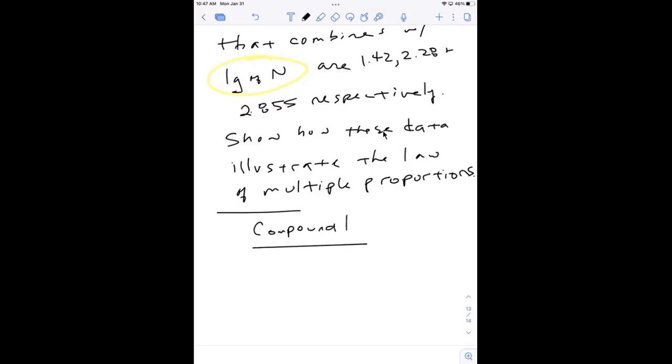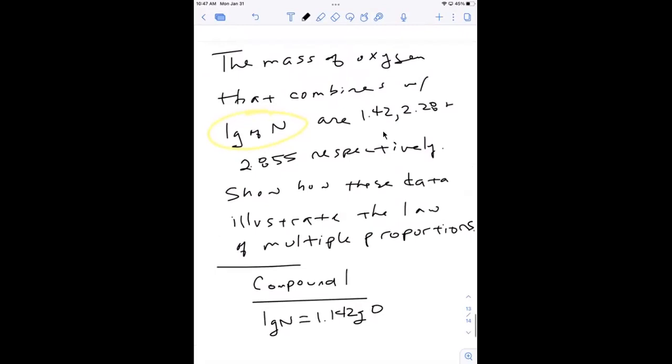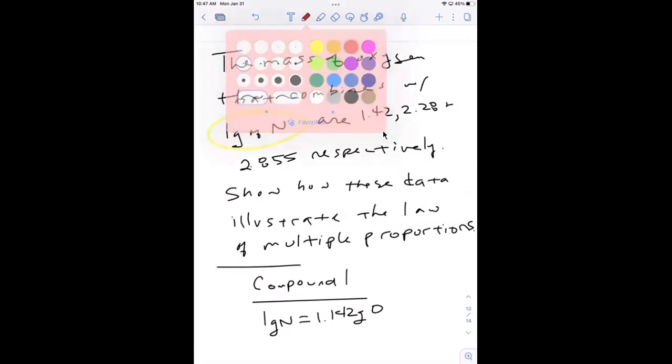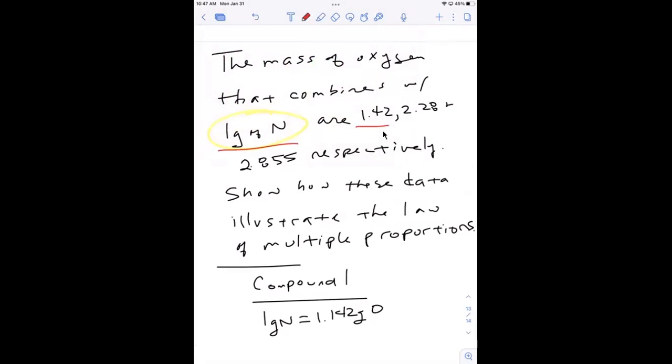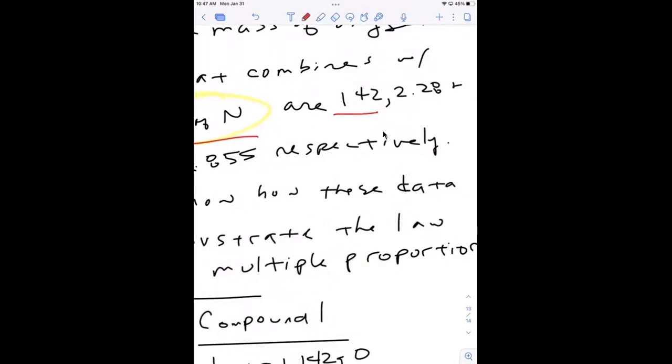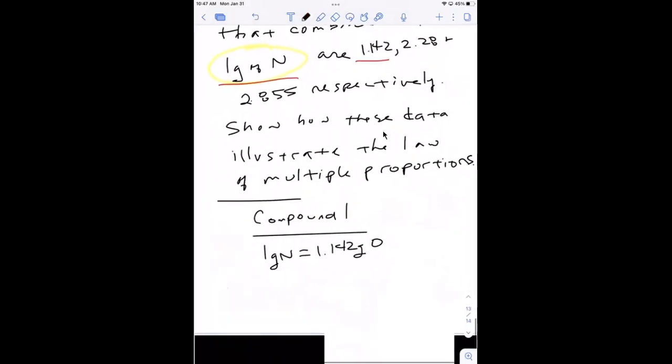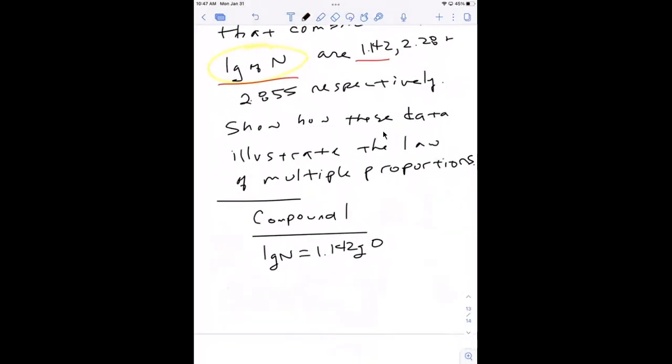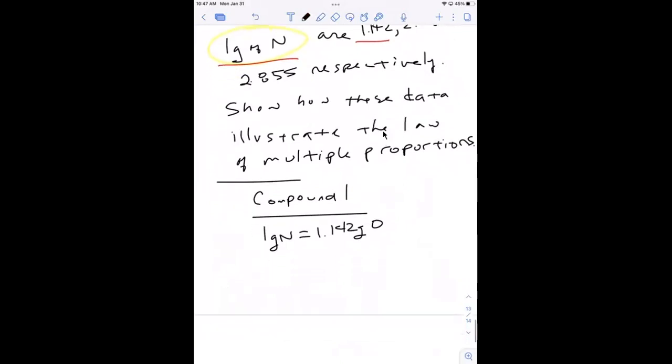We have 1 gram of nitrogen equal to 1.142 grams of oxygen. That's given right here. I said 1.42, my bad. That should be 1.142, not 1.42. So 1.142 for compound 1.